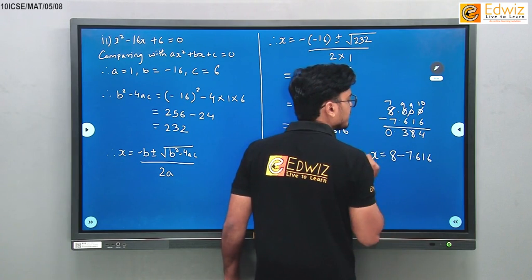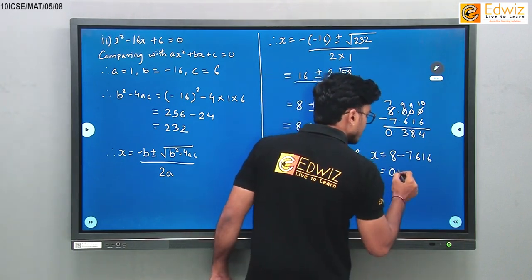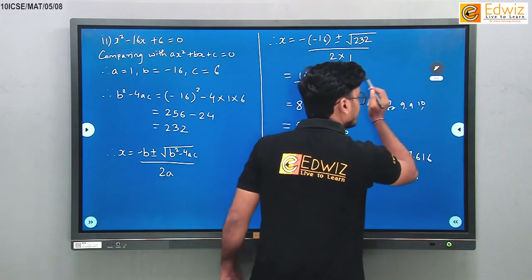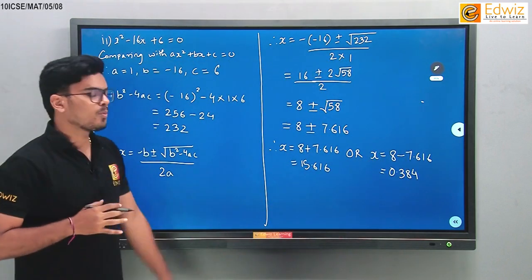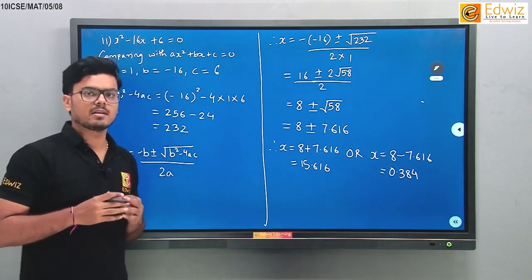So 0.384 positive answer will come this time because 8 is the bigger number. So 0.384 is the second possible value of x. I hope the question is clear. The two possible values of x are 15.616 and 0.384.